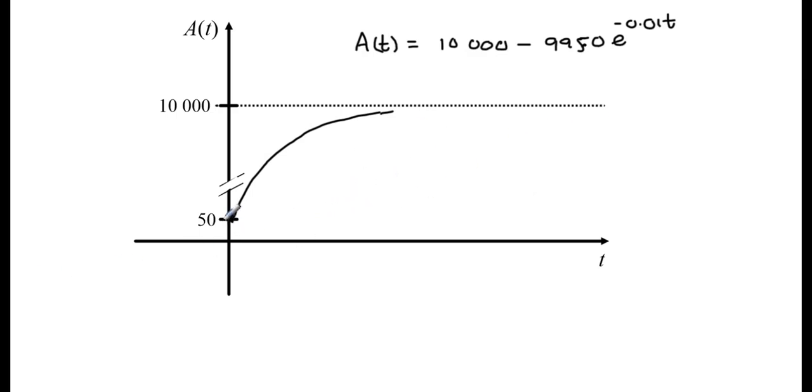The initial value will be 50, and because we're subtracting smaller and smaller values, this function is increasing, but it will never go beyond 10,000, because remember this exponential decay here will never be 0 or less than 0. So the graph will grow asymptotically to this horizontal line here, which is A equals 10,000. I hope that is clear.